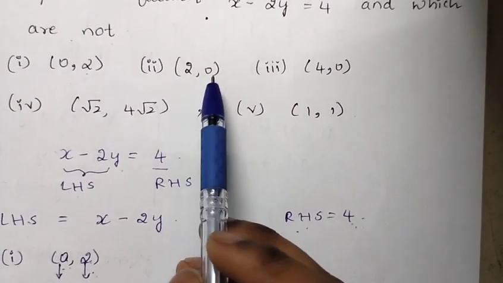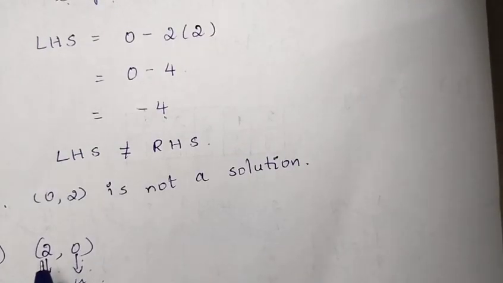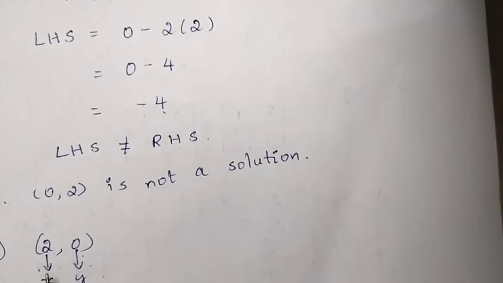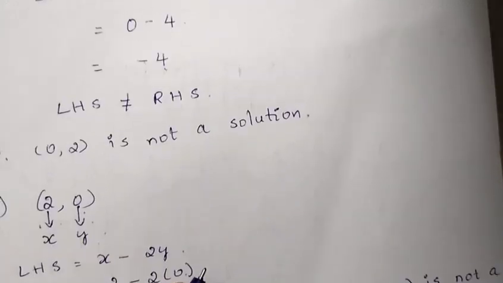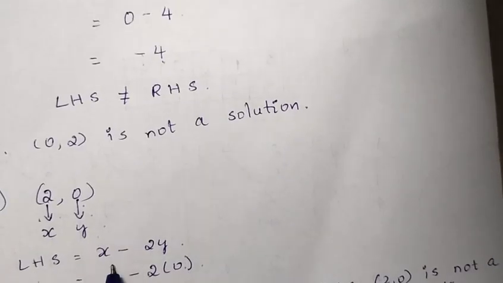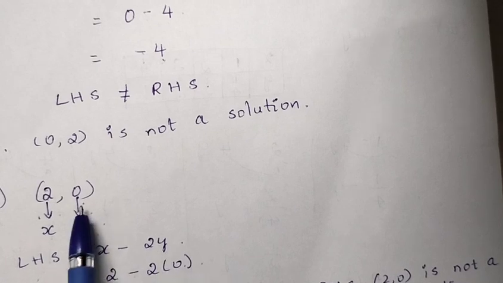We'll move on to the next sub question, 2, 0. The pair of values is 2, 0. Same thing here, 2 corresponds to the value of x and 0 corresponds to the value of y. Let us consider the LHS, x minus 2y. In the place of x, I can substitute 2, minus 2 into, in the place of y, I can substitute 0. So 2 into 0.